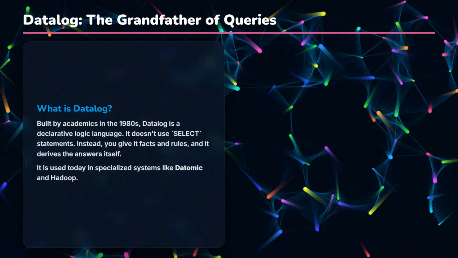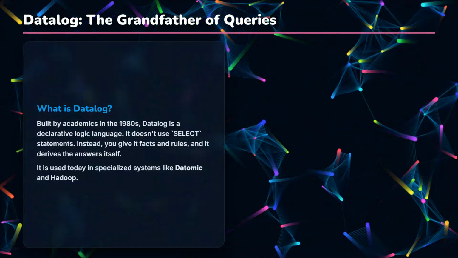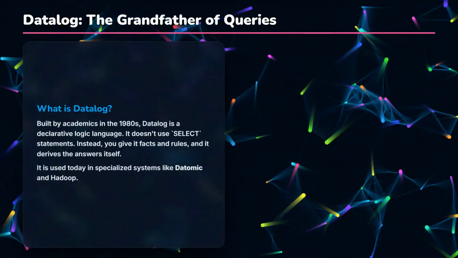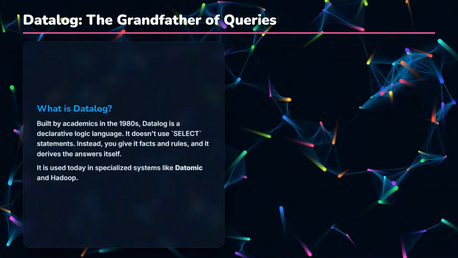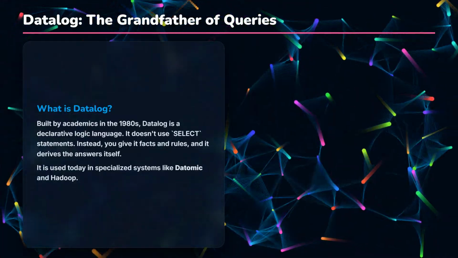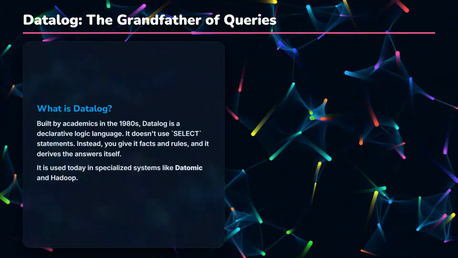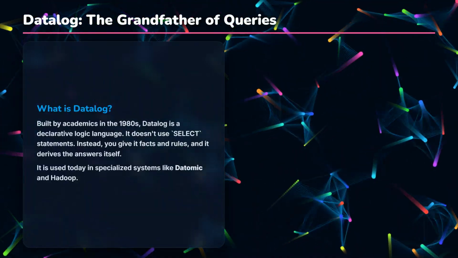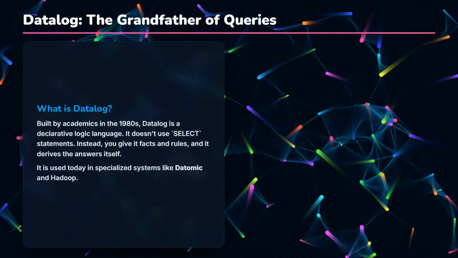In fact, because modern computer CPUs keep getting more and more cores, many scientists believe that logic-based declarative languages like Datalog are the future of parallel programming. Today, you can actually see it being used in powerful systems like Datomic, and in Hadoop datasets via Cascalog.